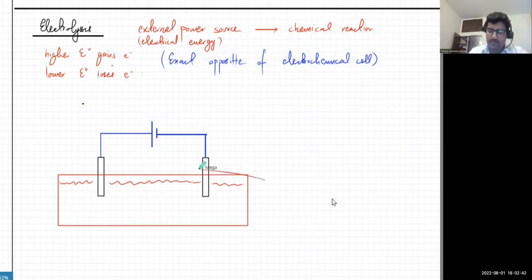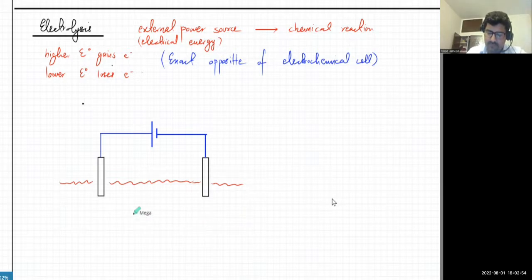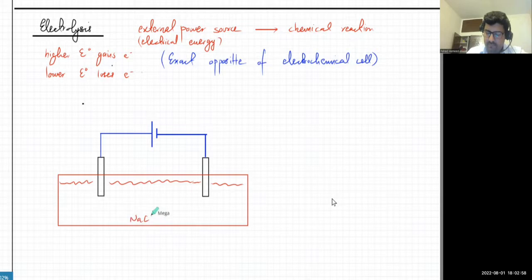So for example, let's do NaCl, I'm going to start with NaCl aqueous. So let's say this is NaCl aqueous. Now NaCl aqueous means that the solution will have two ions.